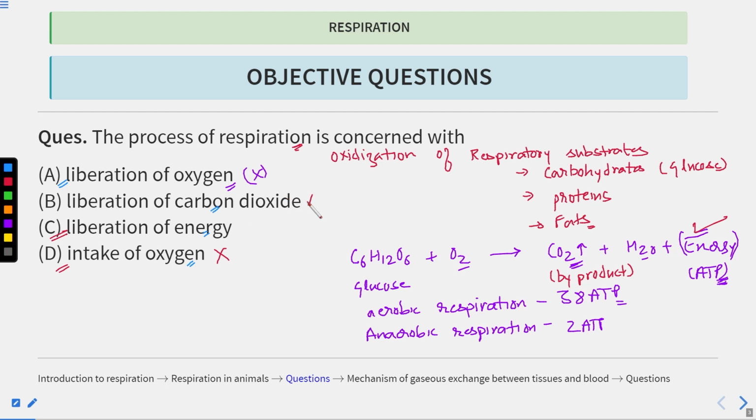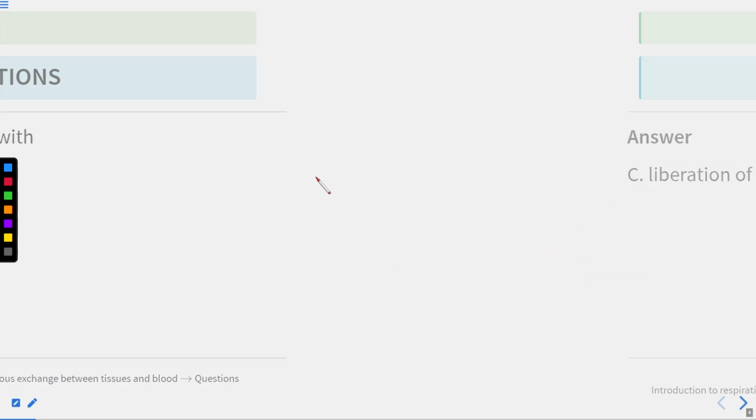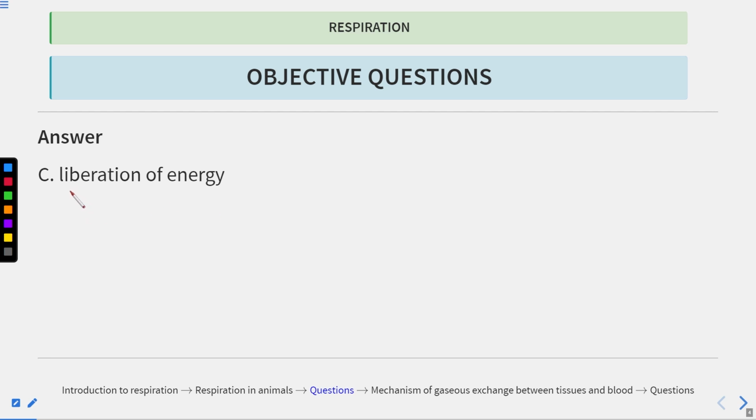So option C is the correct answer. Liberation of energy is the main purpose of respiration. Carbon dioxide is released as a byproduct, which is eliminated out of the body by the process known as exhalation, and the organs involved are the lungs.